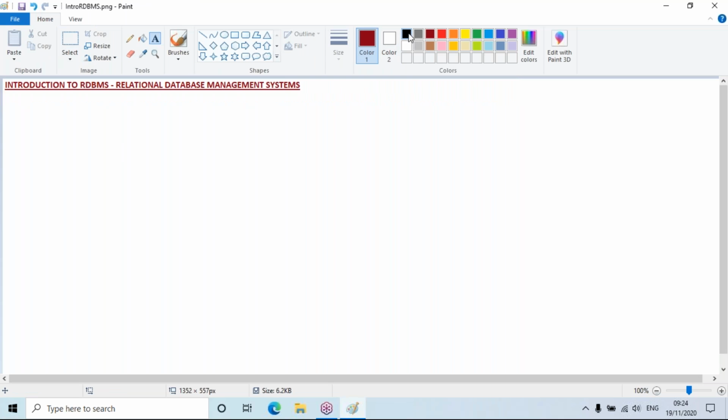Now, before I start, make this point very clear. Connected with RDBMS, there are hundreds of things to study. But instead of going with all those and getting confused, I try to make the most important points of this topic.